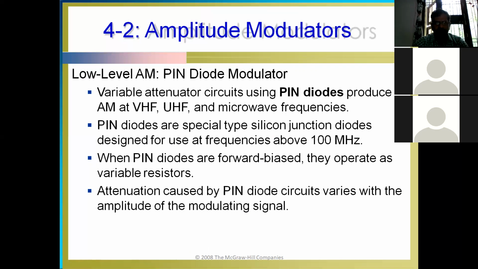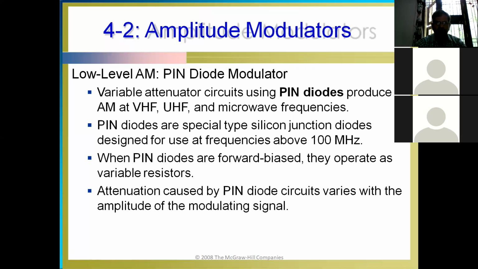Next is the number three, the PIN diode modulator. A variable attenuator circuit using a PIN diode produces AM at VHF and UHF, that is very high frequency, ultra high frequency, and microwave frequency.